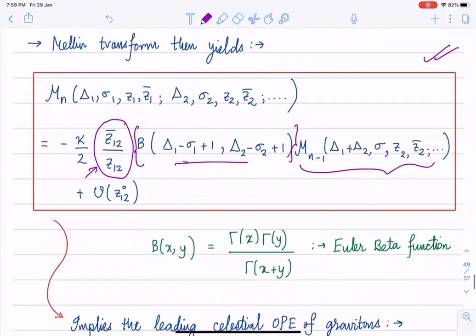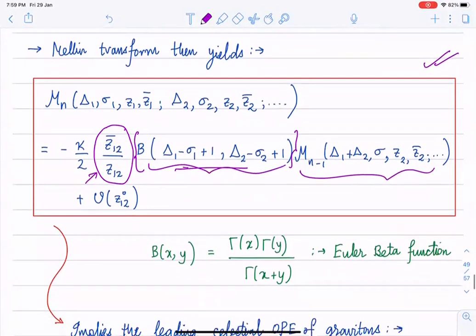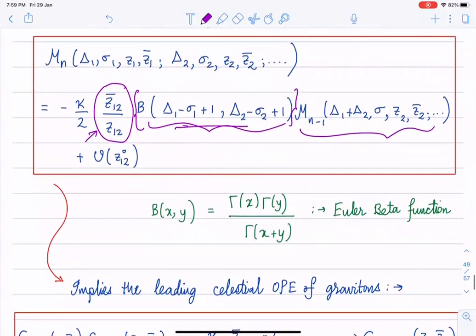So now it turns out that this overall number which we had is basically some product of gamma functions, and this is known as the Euler beta function. Now the basic statement is the following: this factorization of the Mellin amplitude, which we saw in the collinear limit, can be interpreted as an OPE factorization.